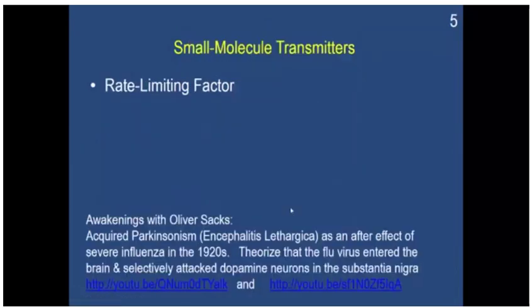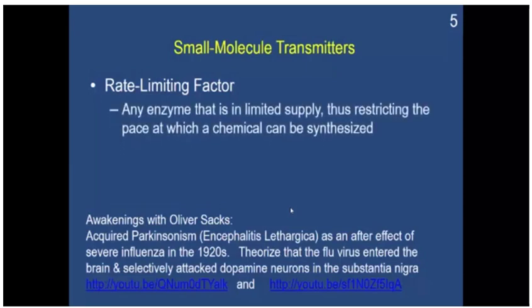Things to think about when you are processing how this information is actually affecting the way the body functions. What do you think are rate limiting factors with regards to neurotransmitter being synthesized? Well, there are two things.